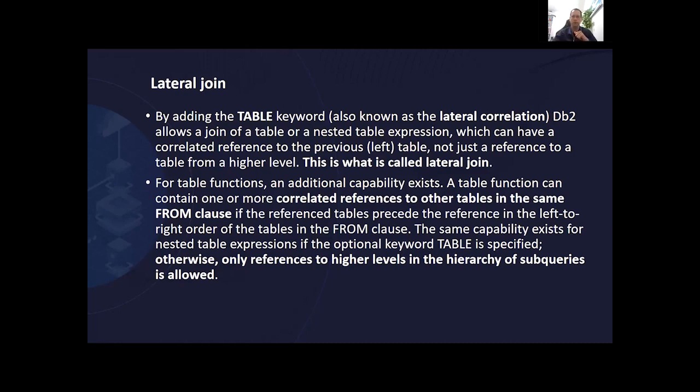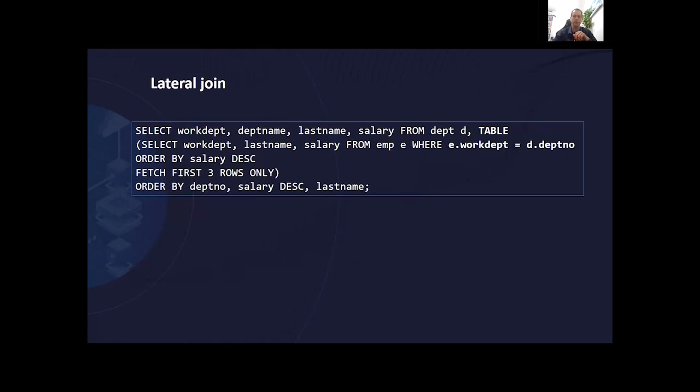So let me go back, the point here is that my reference here, the work department equals the department number from the D table, from the department table, is referencing the table which is on the same level. So my from clause references the department table and then the subquery.